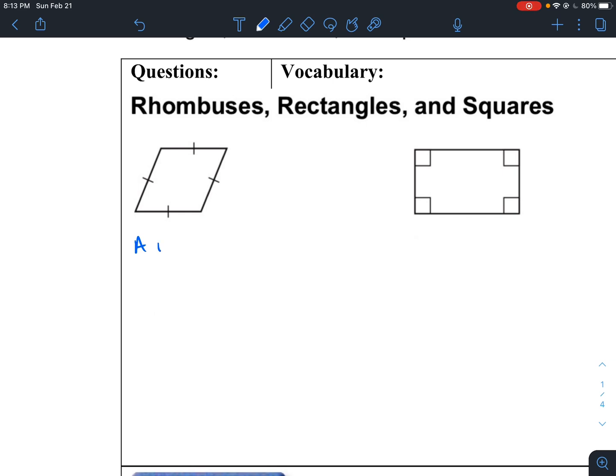And a rhombus is a parallelogram with four congruent sides.